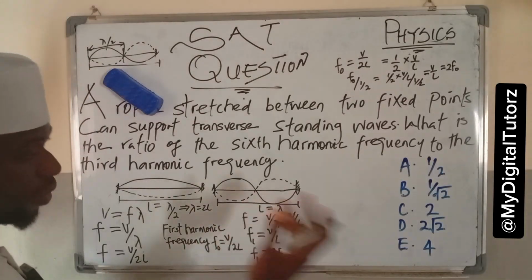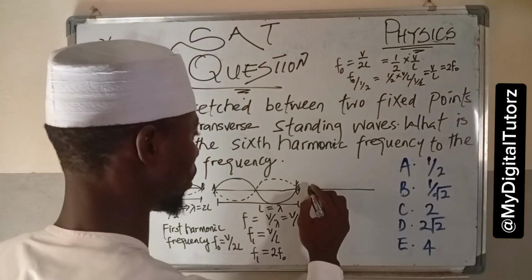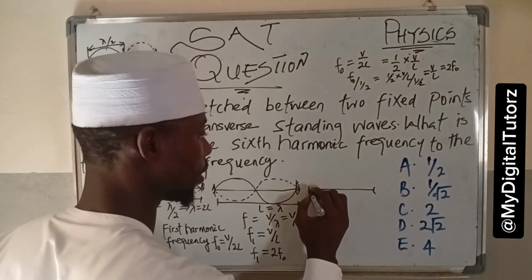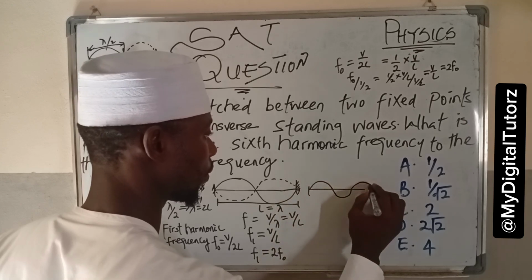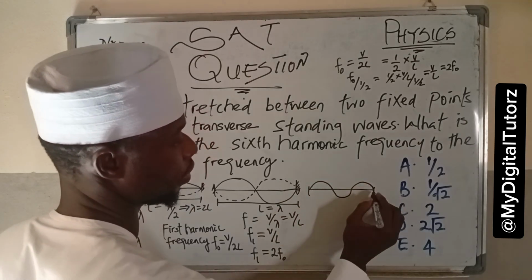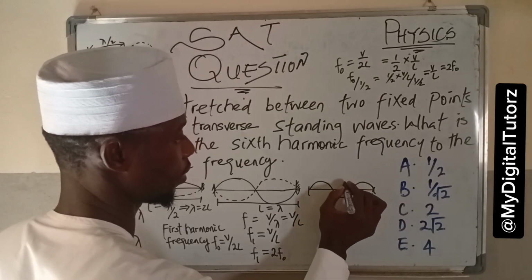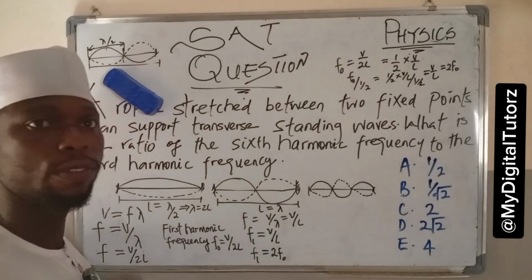Now, for me to get other harmonics, when I disturb the string more, I'm going to have something like this. So this is the incident, and the reflected will be like this. Are we following?